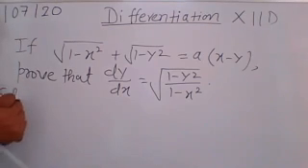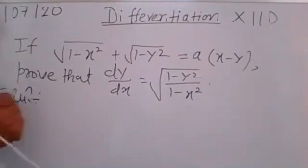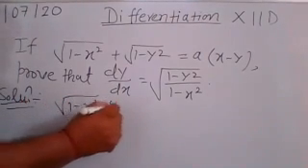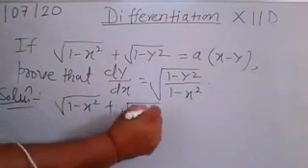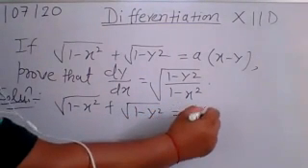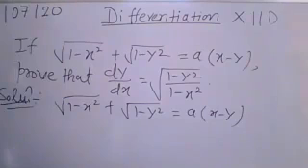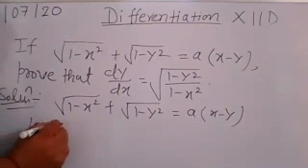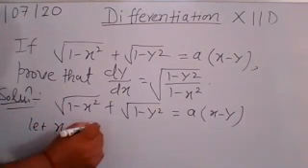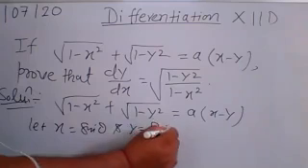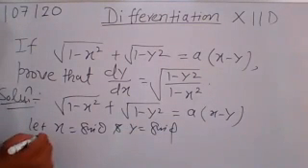In the solution, first write your given equation: √(1 − x²) + √(1 − y²) = a(x − y). Now assume x = sin θ and y = sin φ.